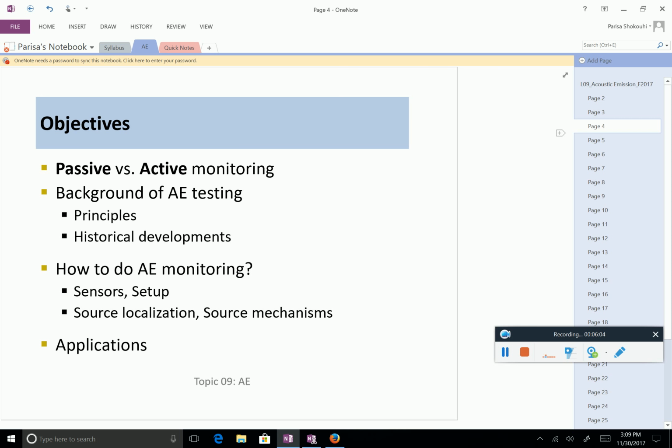I give you some principles of what acoustic emission is doing, a little bit of the history because it's interesting, and then we'll talk about what type of sensors and what setup would give you good acoustic emission testing. Then I'll talk to you about how to localize the source and how to characterize it. And in between, you see some applications.